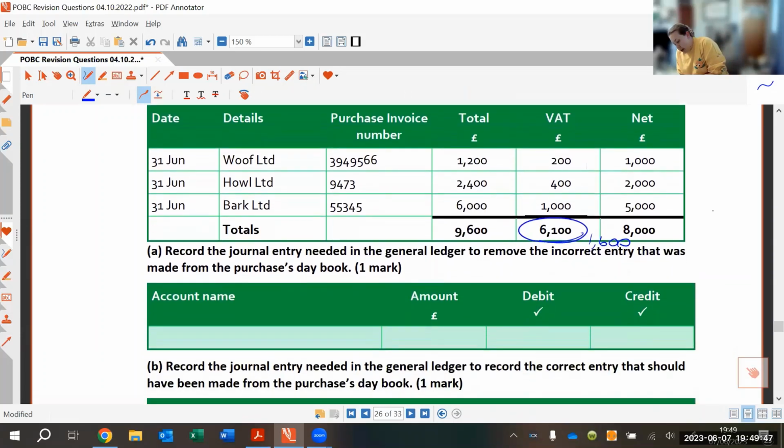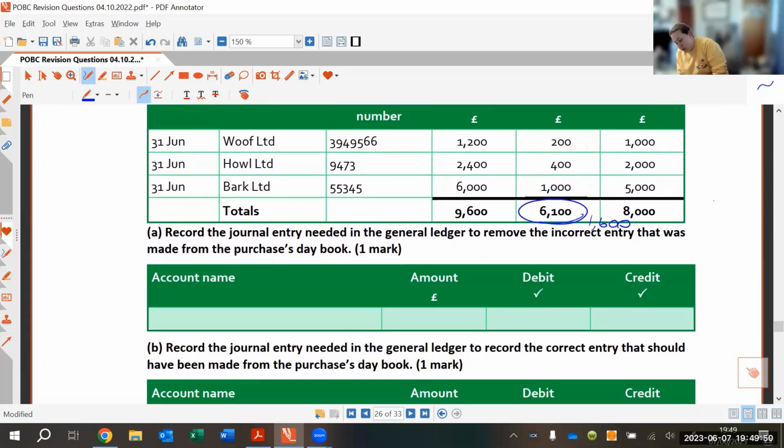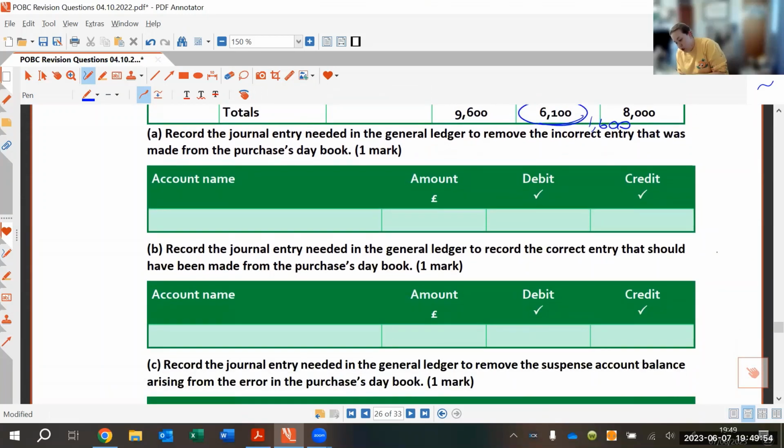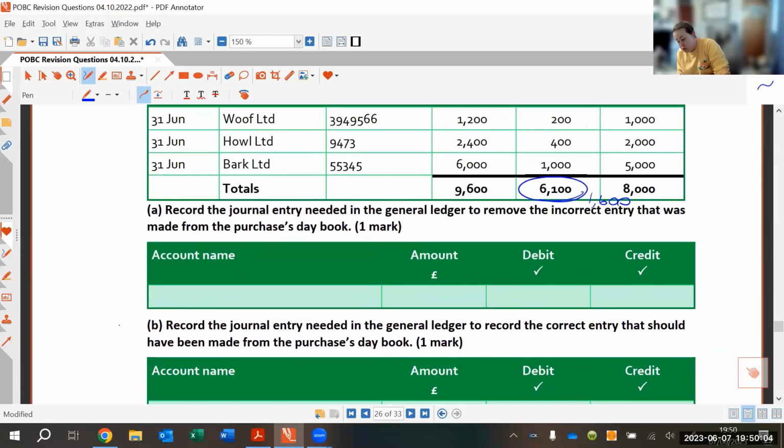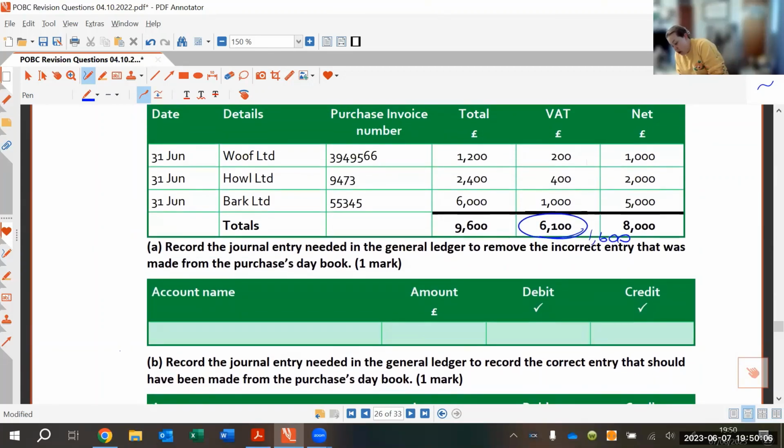So what do we need to do? The first line is to remove the incorrect amount, record the correct amount in the second journal, and then clear your suspense in the third. Now, without doing very much, you have got the amounts for those three things. So we know that the incorrect entry that we're going to remove is that £6,100.